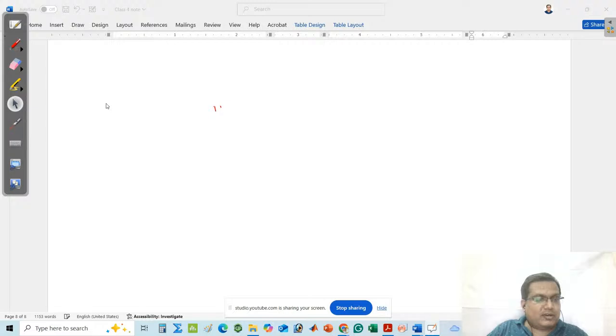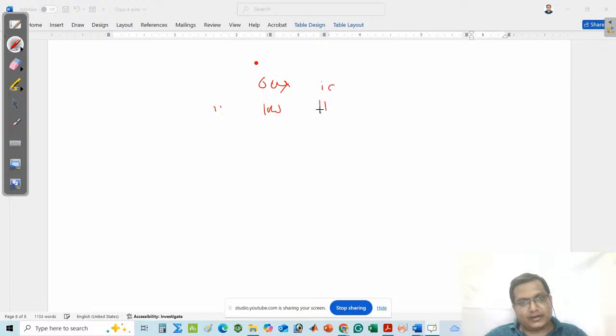Next, take another trick. Remember an important thing. Before, I have sometimes given a trick, that is your OUS and IC. OUS means related to lower oxidation state. IC is related to higher.